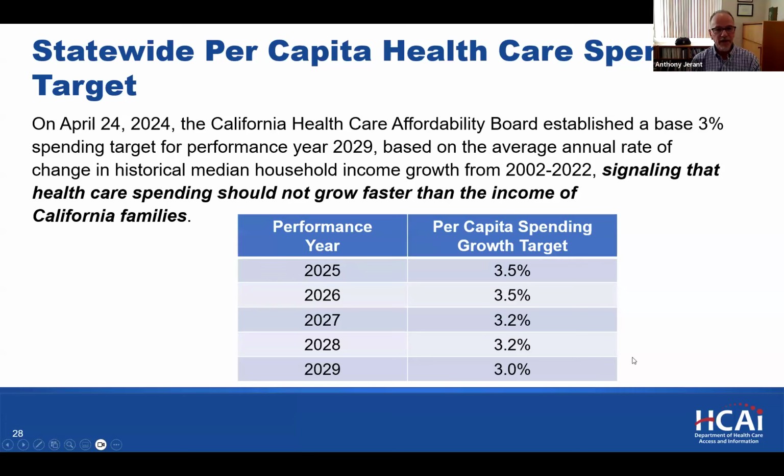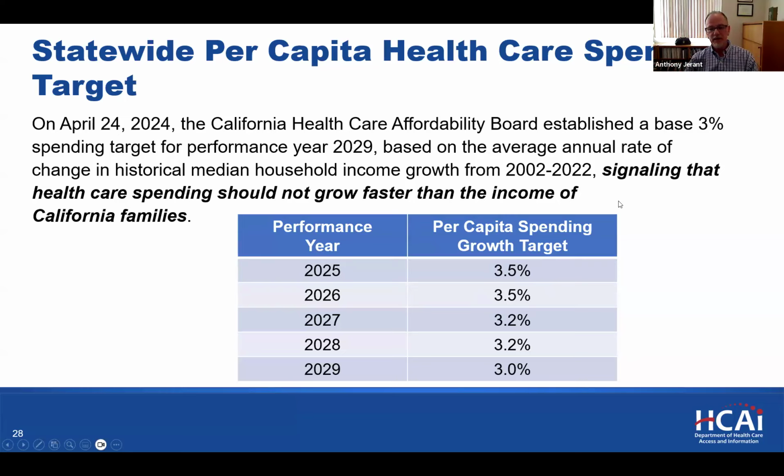So the OHCA, about a year earlier than this summit, had established a target of 3% growth in overall healthcare spending per year in the state by 2029, which was a phased approach. You could see that the per capita spending growth was a little higher starting in 25, and then it would phase down to no more than 3%.